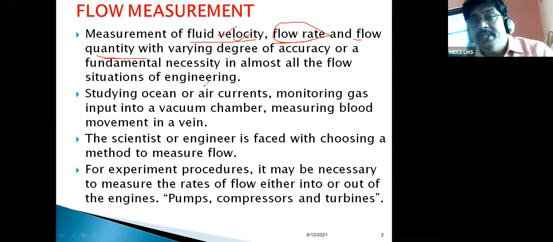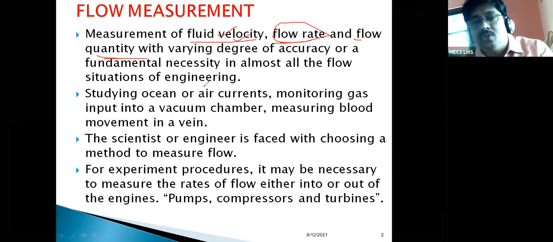Flow quantity is how much volume is discharging in a unit time from one particular section. In another word, Q is equal to AV.